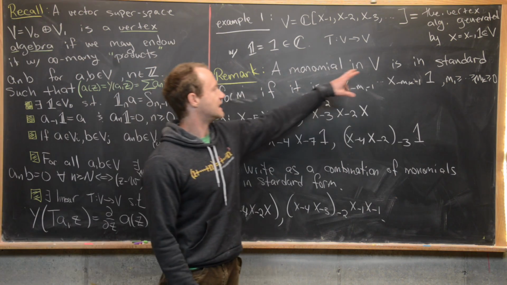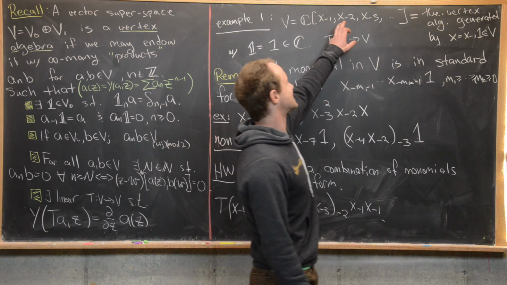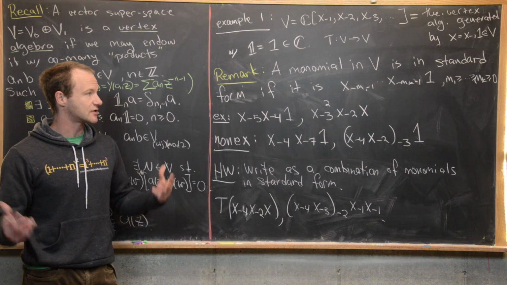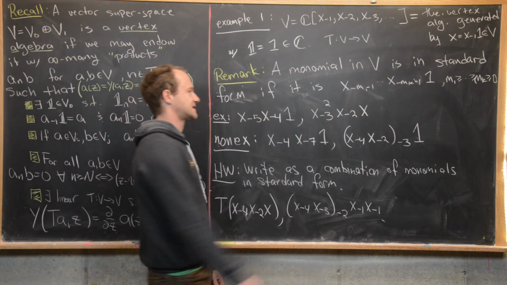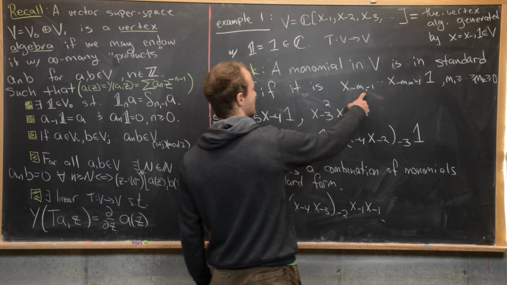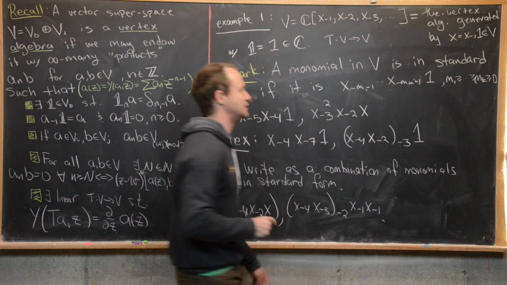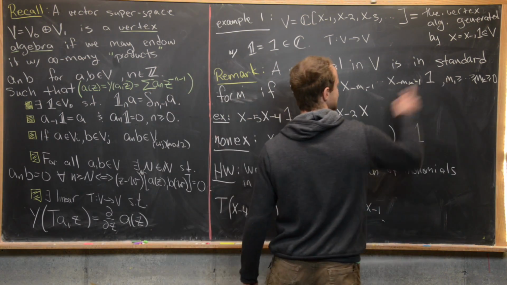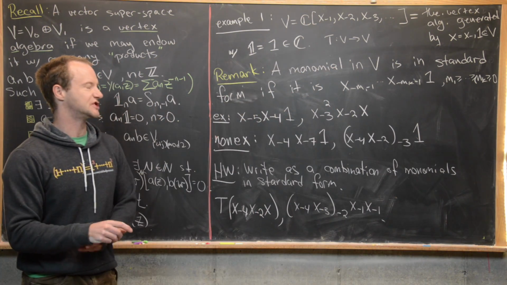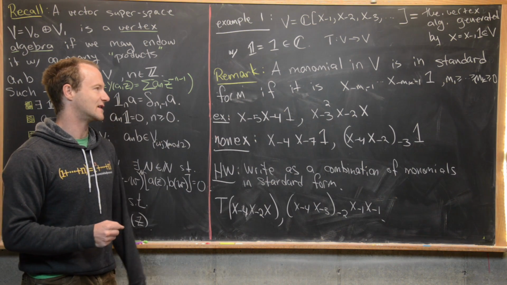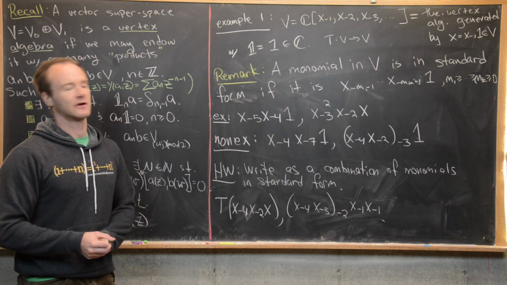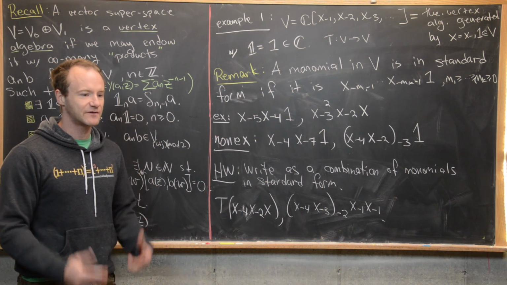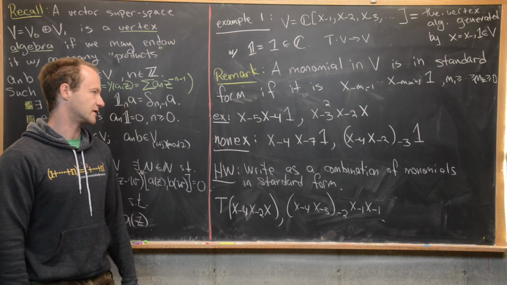So a monomial in V, where we can think about that as our vertex algebra or our polynomial ring, is in standard form if it looks like this: x sub minus m1 minus 1 multiplied all the way up to x sub minus mk minus 1, where m1 is bigger than or equal to m2, which is bigger than or equal to m3, all the way down to mk, which is bigger than or equal to 0. So notice we don't have to worry about positive products here because, again, we're in a commutative vertex algebra.